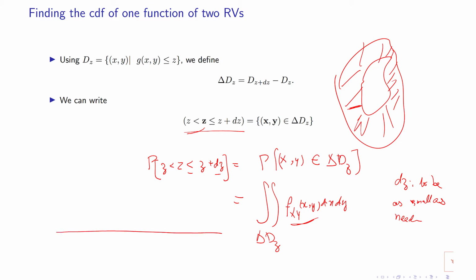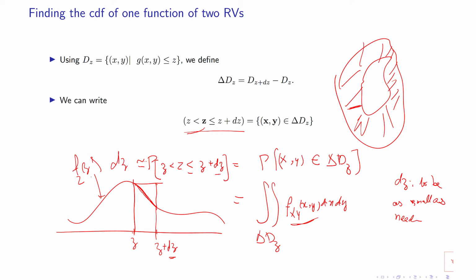What I have here is Z and Z plus dz, and this is the PDF of Z, f_Z of z, which I don't know. If dz is very small, such that this line, which is not flat, is almost constant, then I could say that this can be approximated by f_Z of z times dz. So you could say that this area is equal to this length times this height.